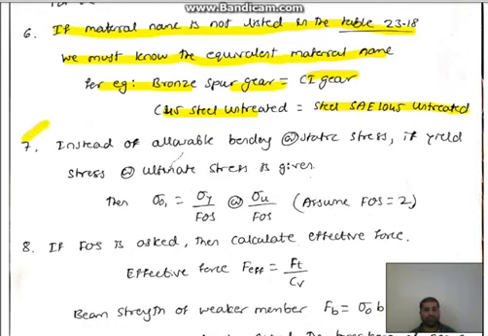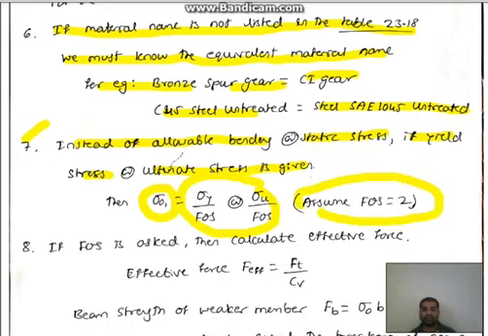Seventh one, instead of allowable bending or static stress, if yield stress or ultimate stress is given in the problem, then calculate allowable static stress from this equation. If factor of safety is not given, then assume factor of safety equal to 2.